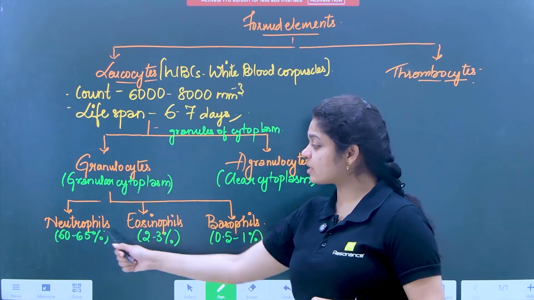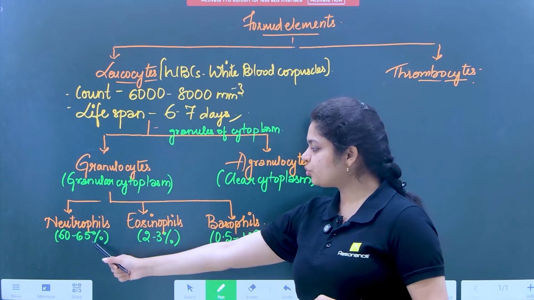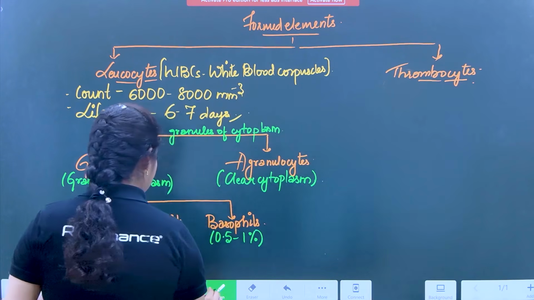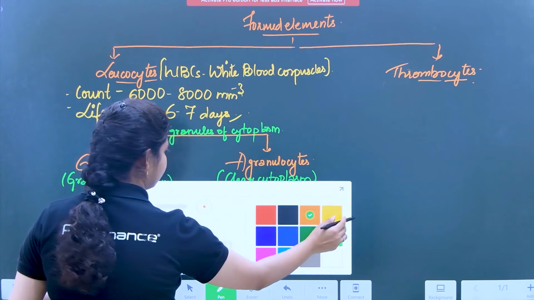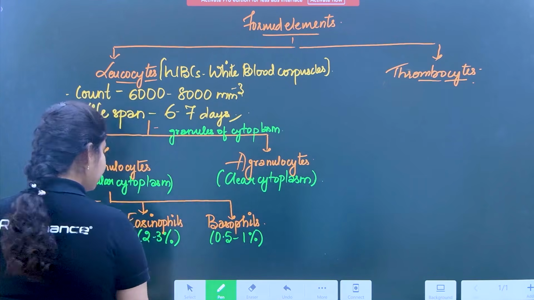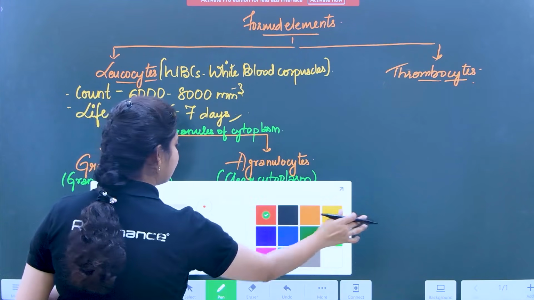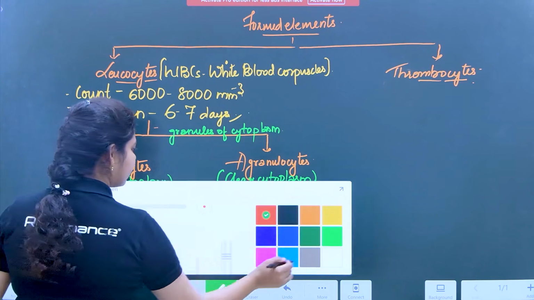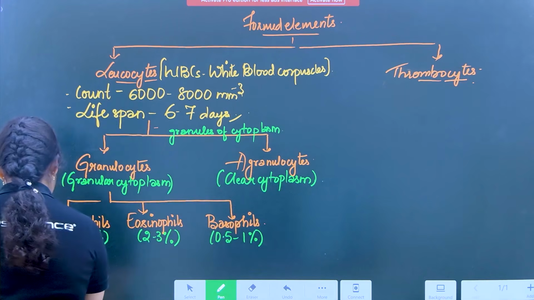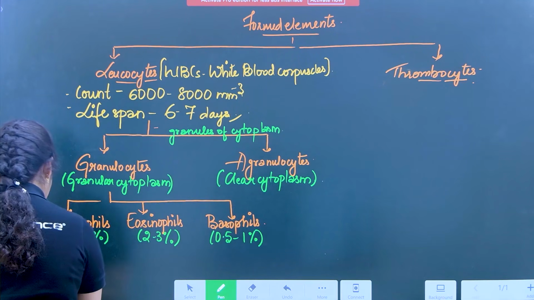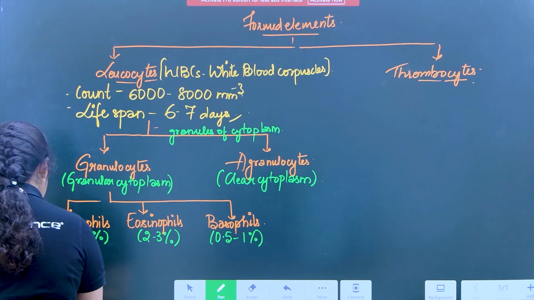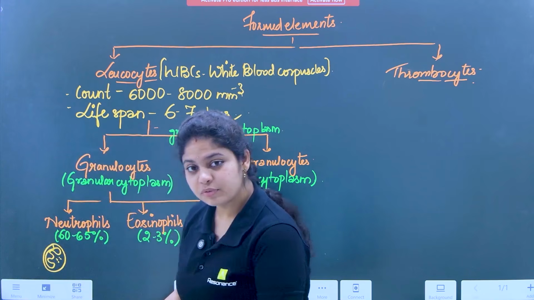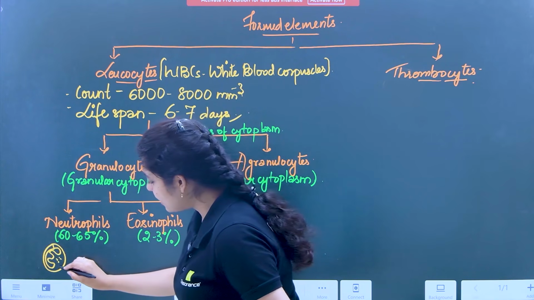Now these granulocytes are of three types: neutrophils, eosinophils and basophils. Now see about them. Neutrophils, how does it look like? Can you see the cell over here?